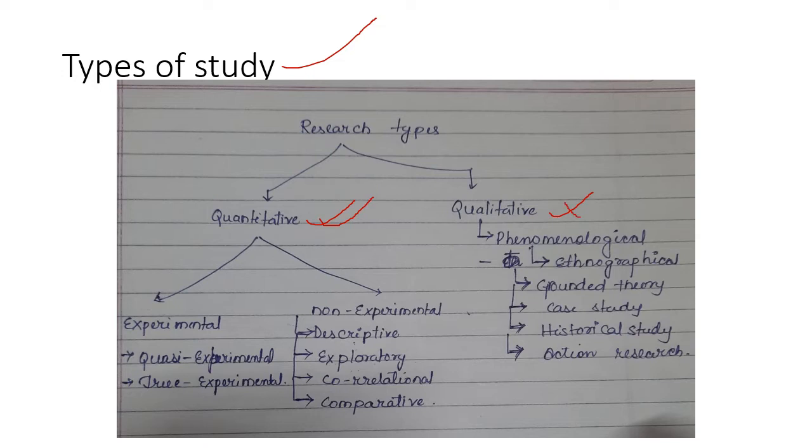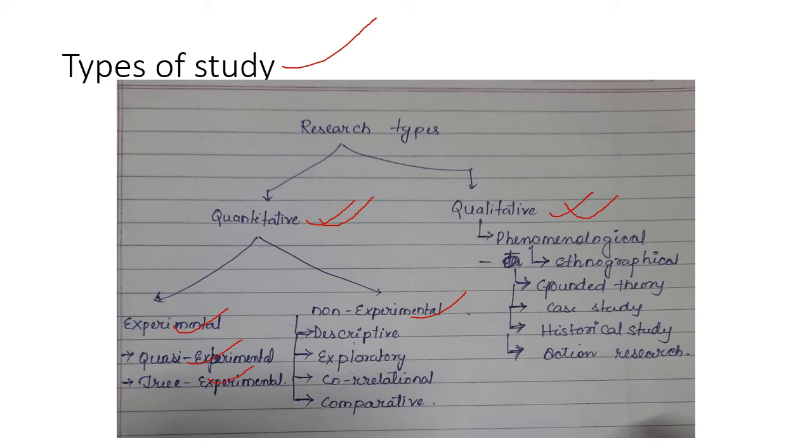Qualitative means the solutions to the problem will come out in the form of words that we cannot measure. There are two types of quantitative: experimental and non-experimental. Under the non-experimental, we have quasi-experimental and true experimental.